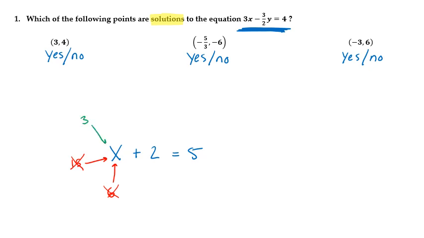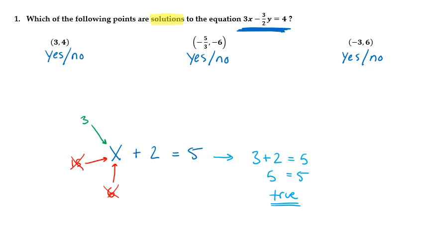So if we replace the x with the 3, that gives us 3 plus 2 is equal to 5, which is 5 equals 5, which is a true statement. So this is what solutions are. Solutions to algebraic equations are numbers that lead to a true statement.